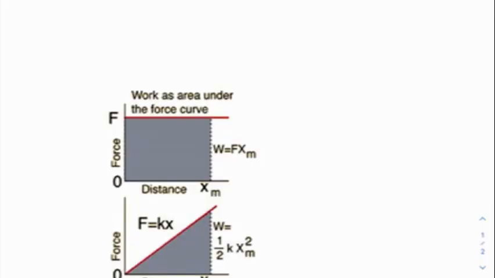When work is done by a varying force, it's trickier to figure out the work using just the F d cosine theta equation, but we can look at it graphically. For a force distance graph, the area under the curve is equal to the work done.